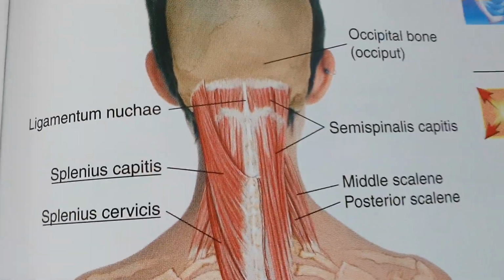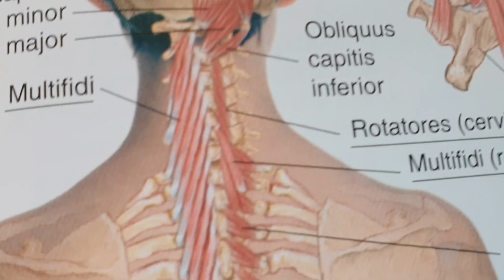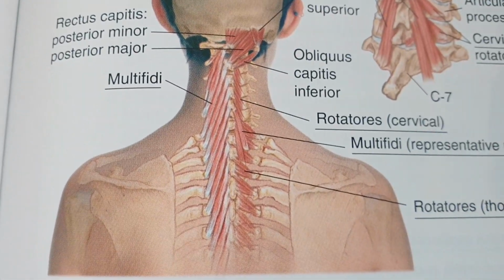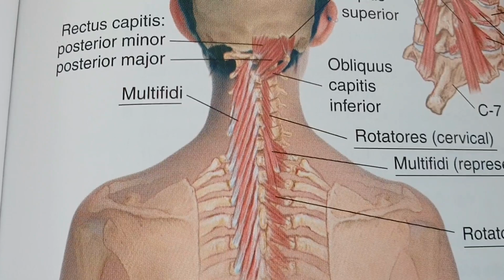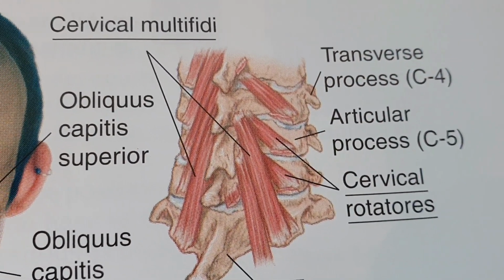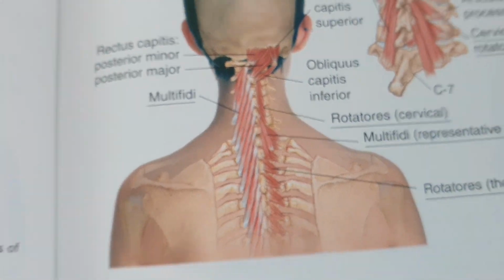If we go over another page, check this out. It starts to get really complex, really small muscles going in a lot of different directions. Just have a look how many little muscles and little tendons. These are all chances for tendons to get stuck, compressed and inflamed. So these are the areas we're going to be targeting.